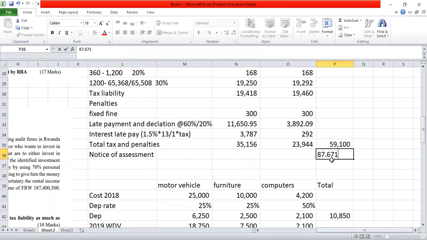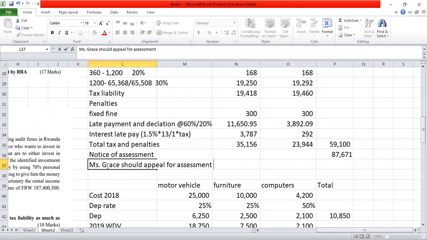So in that case, Miss Grace should appeal for over-assessment basing on the available information.